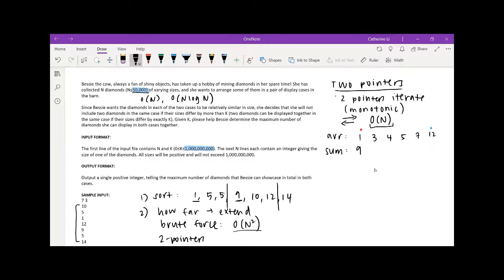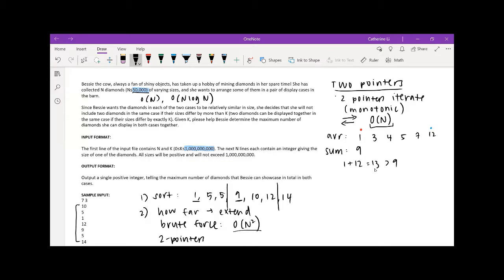First, 1 plus 12 is 13, which is too big. It's greater than 9. At this point, we know that the pointers go in the same direction always. If we were to move the red one, it would have to go to the right, and if we were to move the blue one, it would have to go to the left.